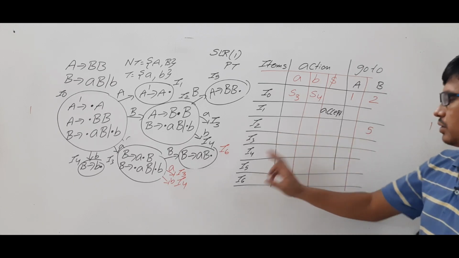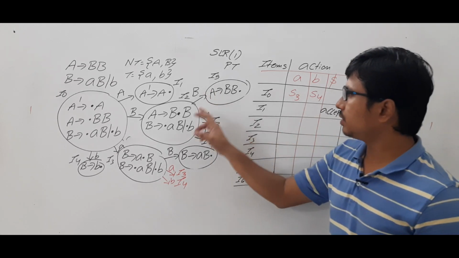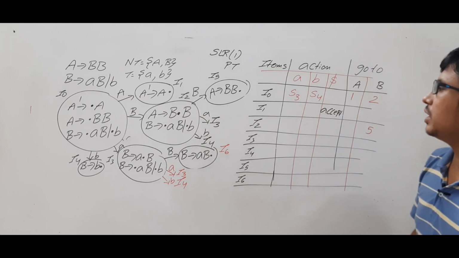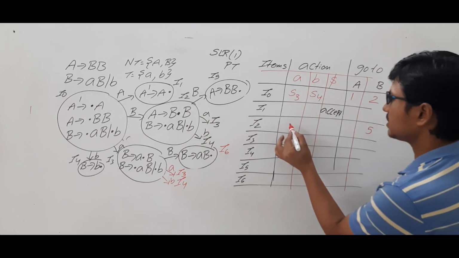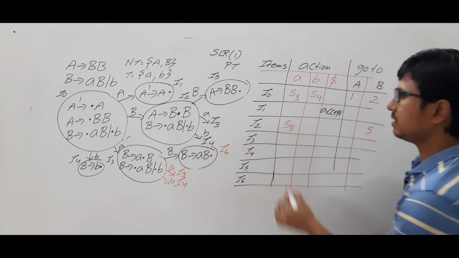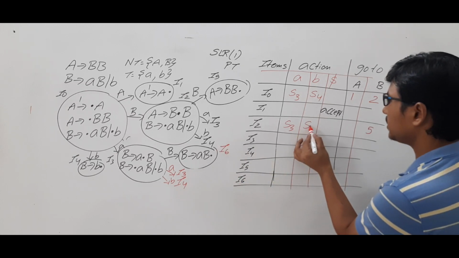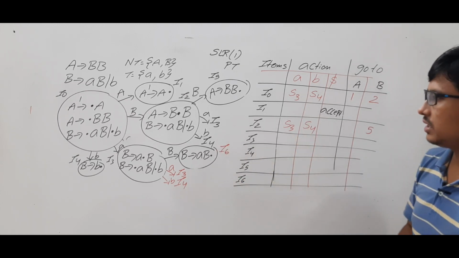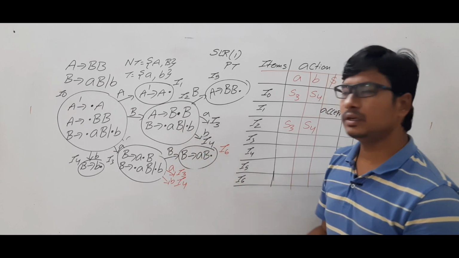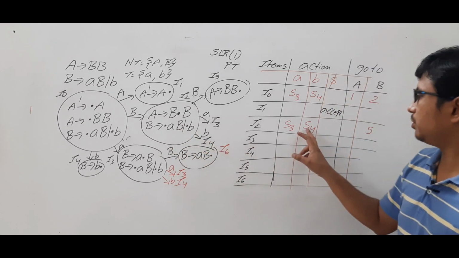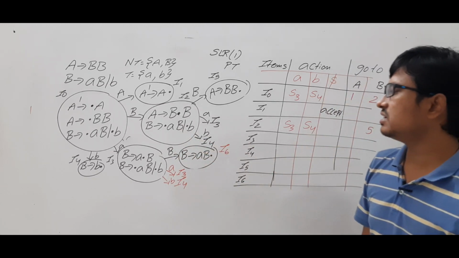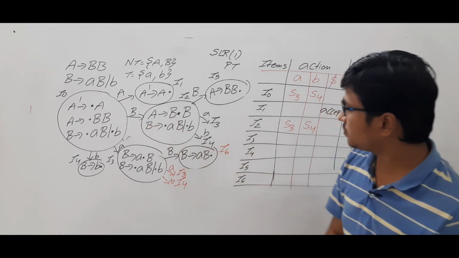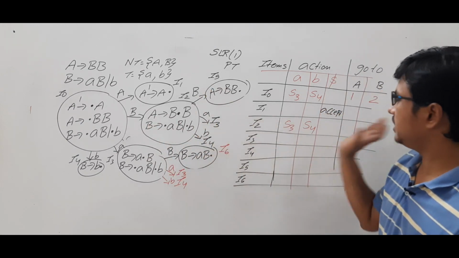Meaning that you are going to I5. I2 on small a, you are going to I3, which is nothing but S3. On small b, you are going to item number 4, so that's why I have written S4. So I2 is finished.